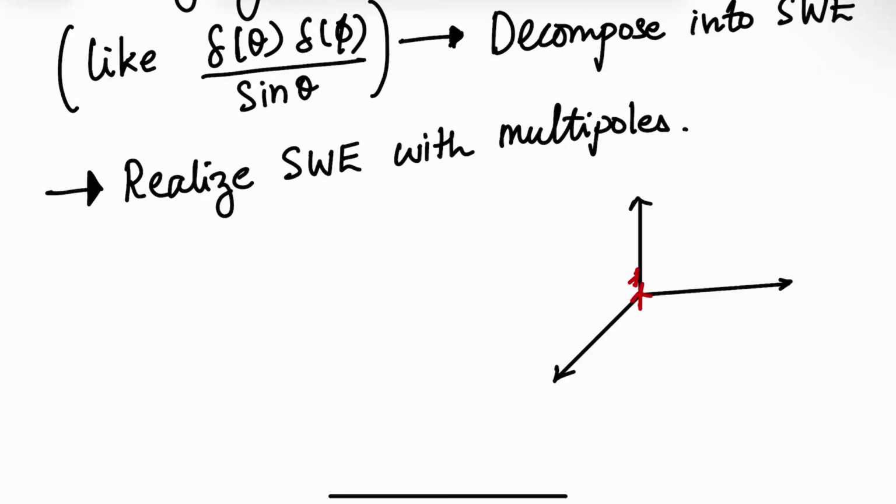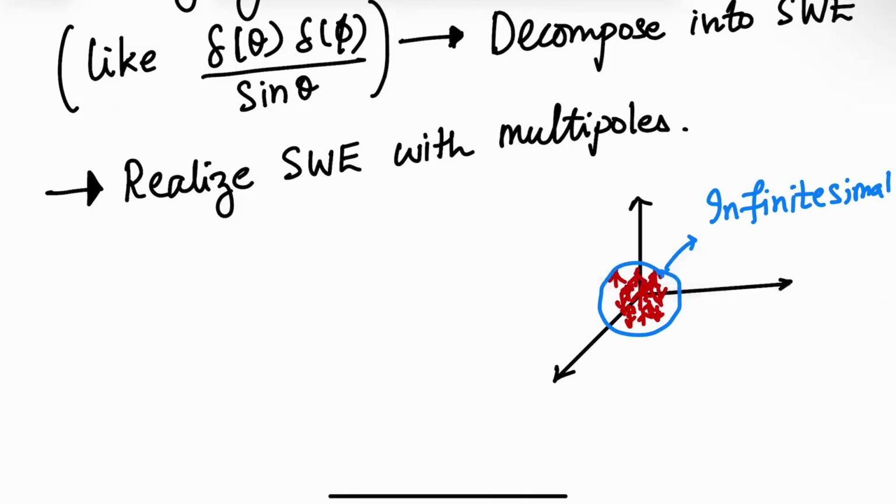Maybe there's one here, one there, one there, and so on and so forth. Right? I can pack all of these multipoles in a very small region. And this is really an infinitesimally small region. So this whole thing is infinitesimal.